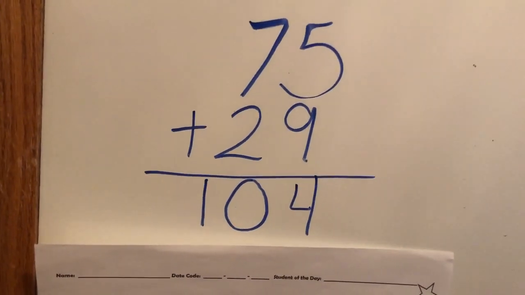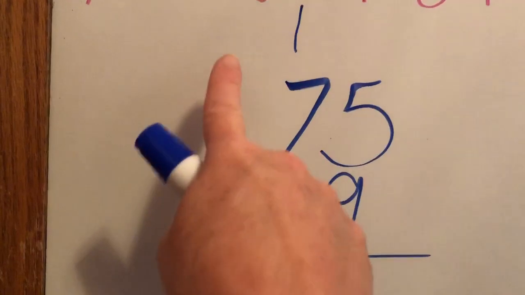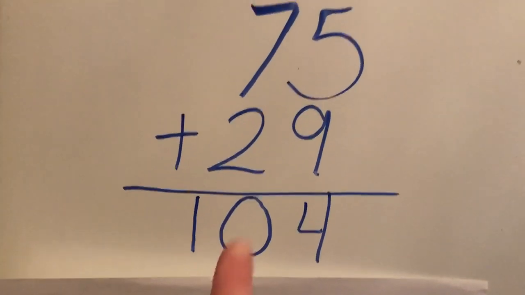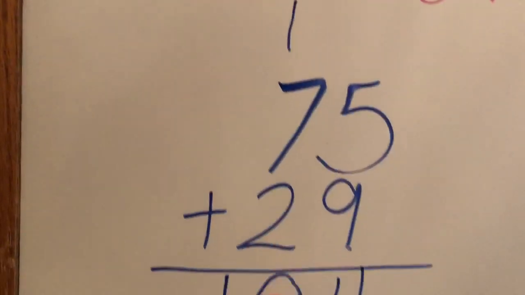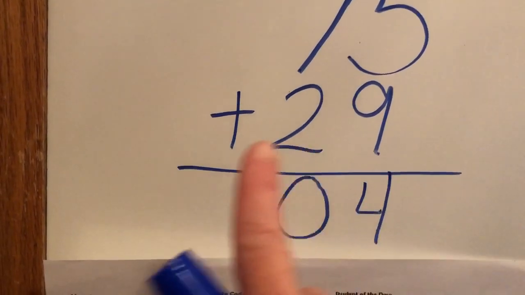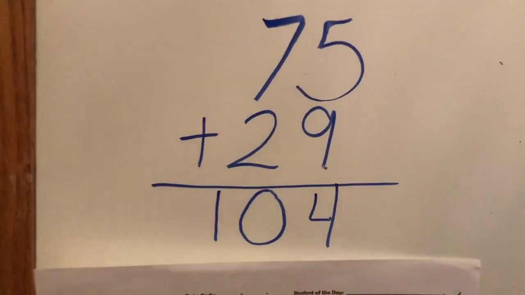This is a double digit number, it's 10. What do we do? Well, if you do not have any more numbers here, then you just simply write that number. So 1 plus 7 plus 2 equals 10. So I just write the 10, and what is my total there? What is the sum? It is 104.